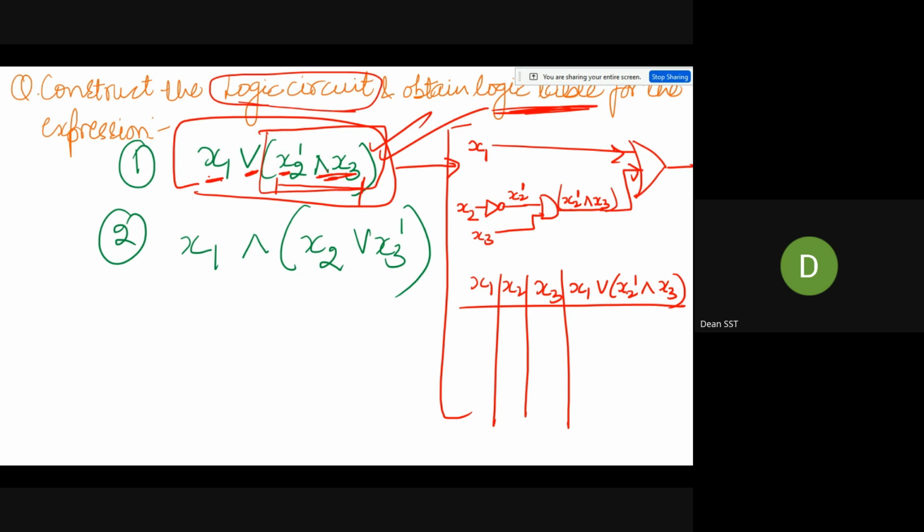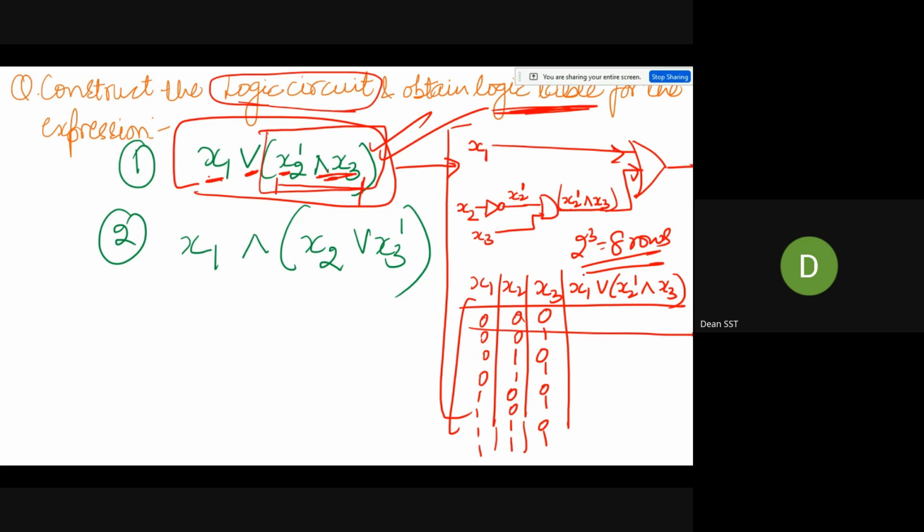Are you able to do this? Three variables, so 2 to the power 3 is 8 rows. So 0, 1, 0, 1, 0, 1, 0, 1. Then 0, 0, 1, 1, 0, 0, 1, 1. Then four 0s and four 1s.